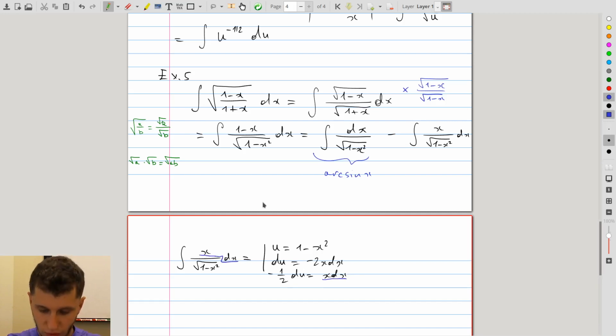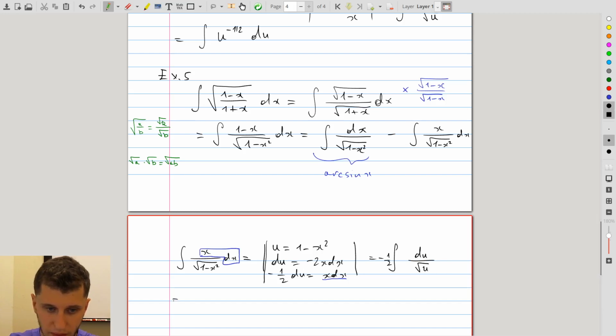I will use it for the du of my u-sub. And so I have minus 1/2 of du divided by the square root of u. So that means I have minus 1/2 integral of u to the minus 1/2 du.